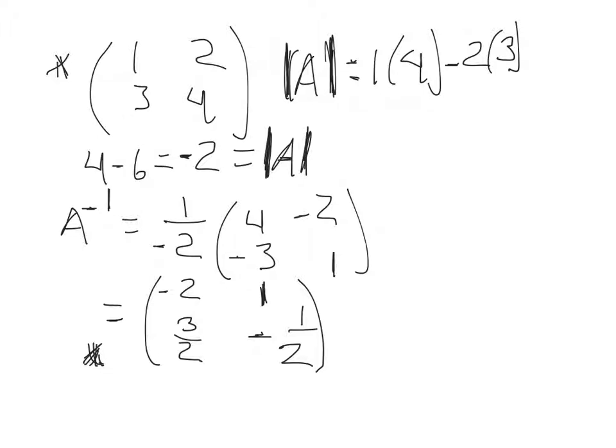All right, let's change the slide. The identity has ones on the diagonals and zeros every place else.